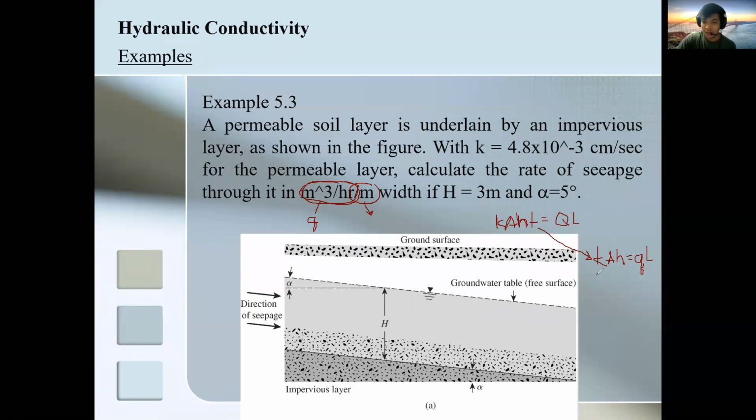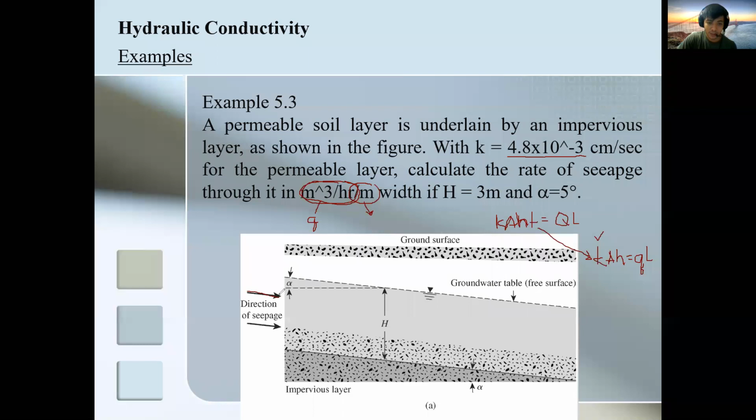Okay, so if you're looking at the problem, so we are given the K, di ba? K is 4.8 times 10 to the power of -3. The area again, if you remember earlier, the area should be perpendicular to the direction of the flow.